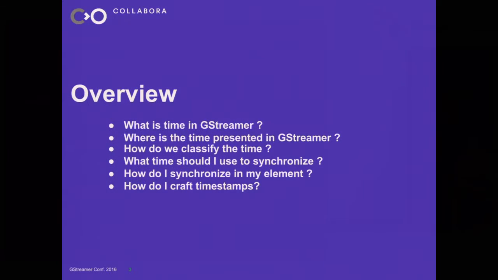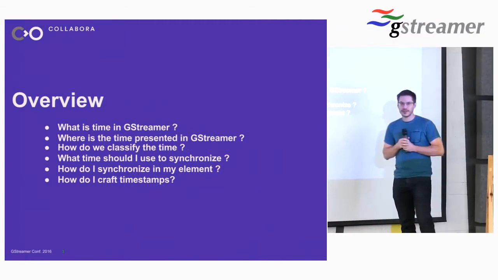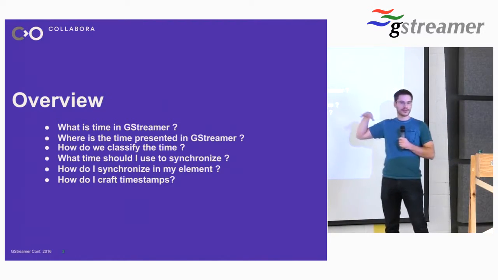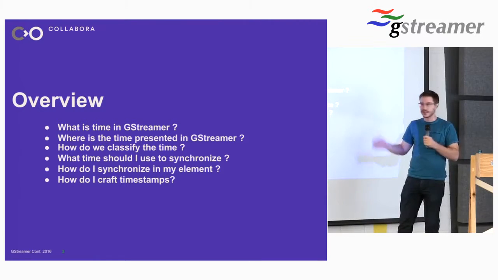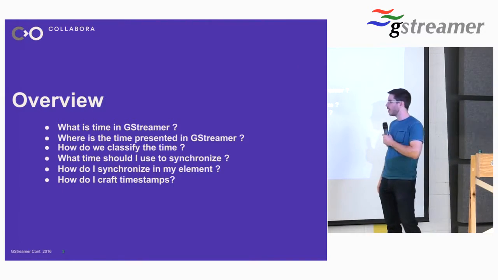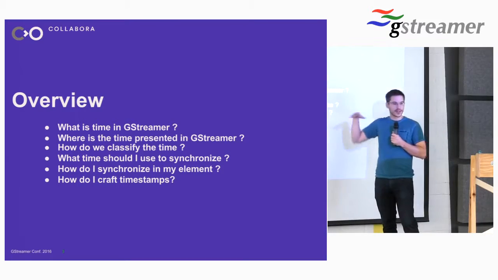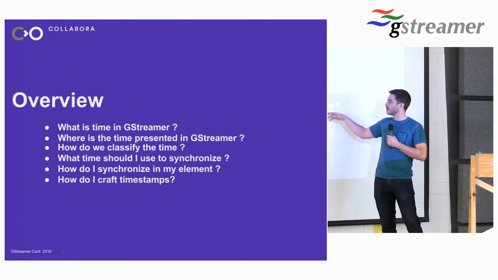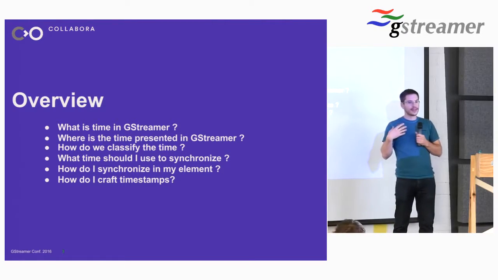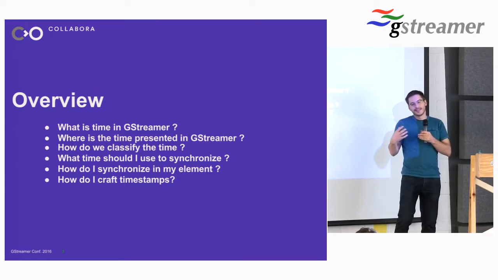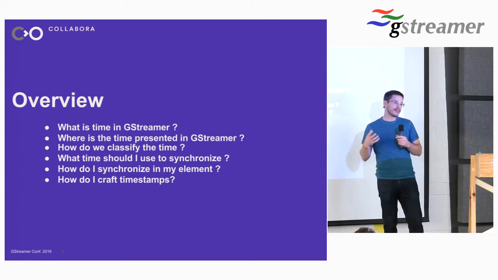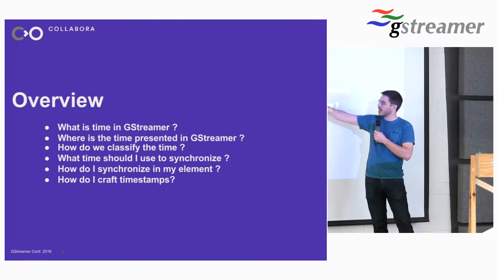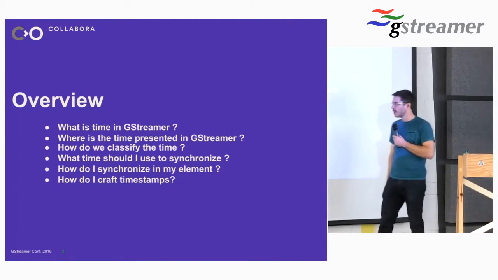So what we're going to talk about today. We'll try to explain my view of what time is in GStreamer, because time is kind of a vague thing. We'll go over where time is presented in GStreamer, where it is exposed. Then we'll figure out that these times are not all the same scale, the same point in time. We'll talk about the classification of time in GStreamer.